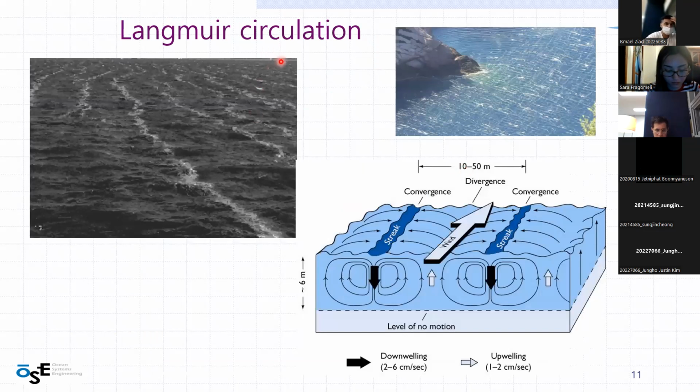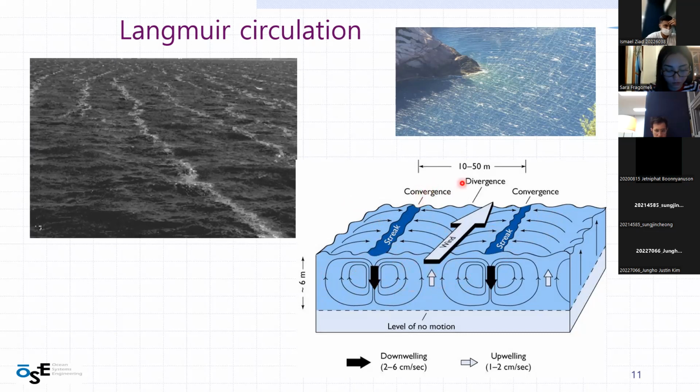And Langmuir circulation is a transient response to impulsive wind forcing, where helical vortices form near the sea surface. There are numerous long parallel lines or streaks, and the streaks are formed by the convergence caused by vortices.